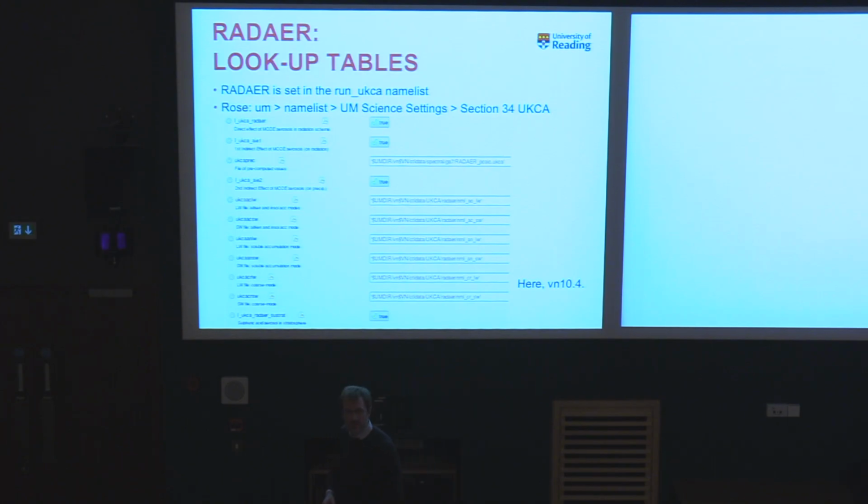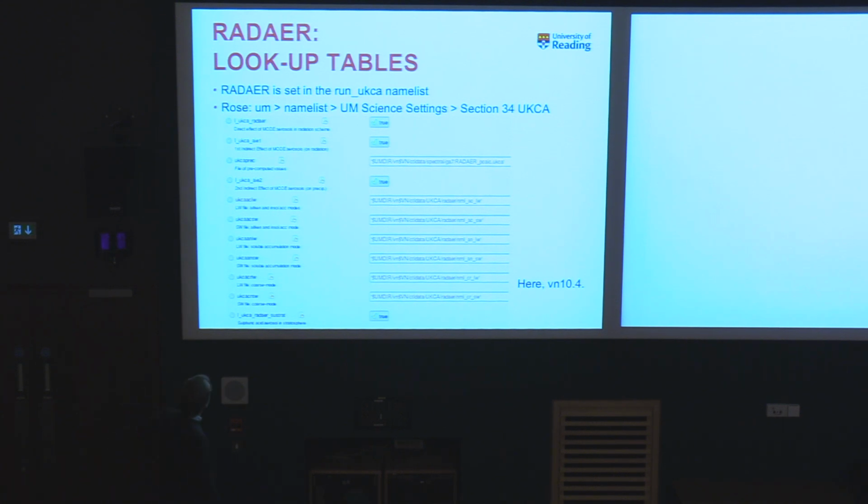Where are those lookup tables set? You may have explored this already. If you go in the UKCA namelist in section 34, you will see those fairly barbaric looking names that essentially describe what lookup tables are being used.